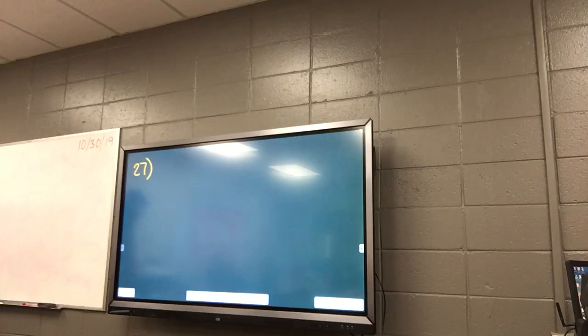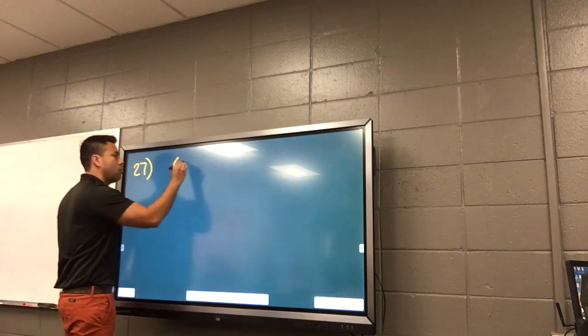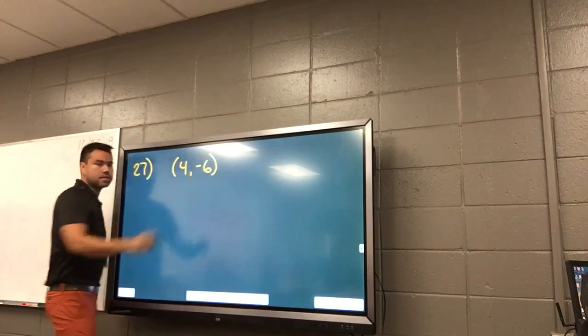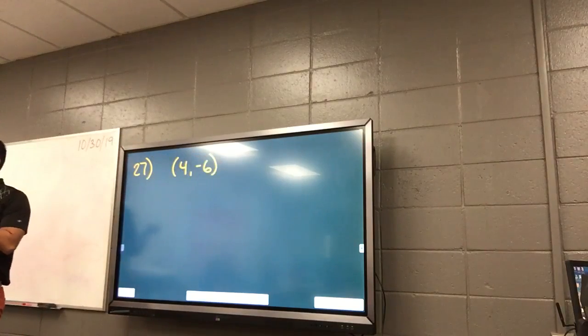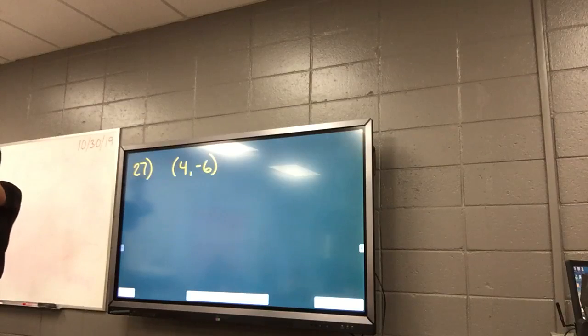How about 4, -6? That's a good point. I like getting points that are at intersections on the grid. Right there on the intersection, that's an easy one to get.